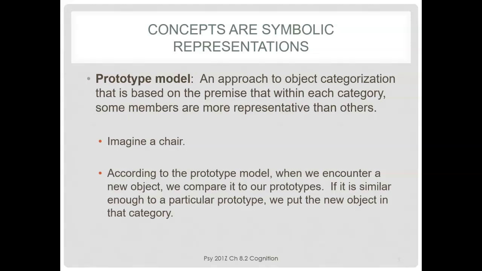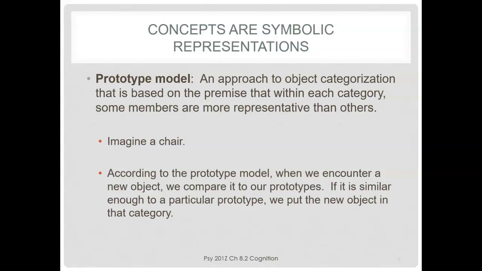So if you imagine a chair, according to the prototype model, when we encounter a new object, we compare it to our prototypes. If it is similar enough to a particular prototype, we put the new object in that category. I wish I had pulled up a picture of this, but I think you've all probably seen the chair that looks like a hand.